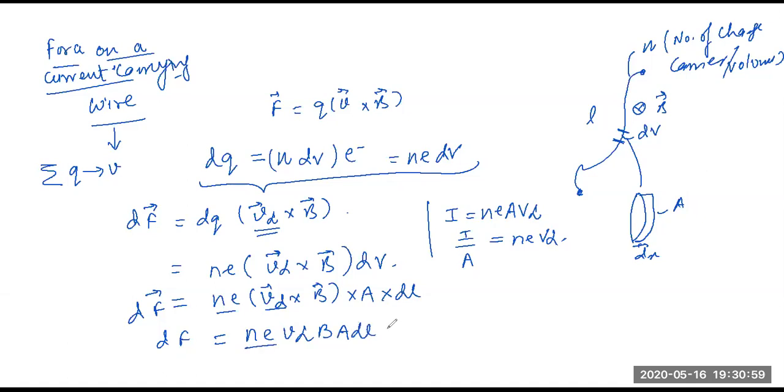Now instead of n e and v_d, I can write I by A, so I by A into B into dL. Sorry, A will also get cancelled out. There was one A which will get cancelled with this. So you get I B dL. Yes or no? So what is I? I is current.